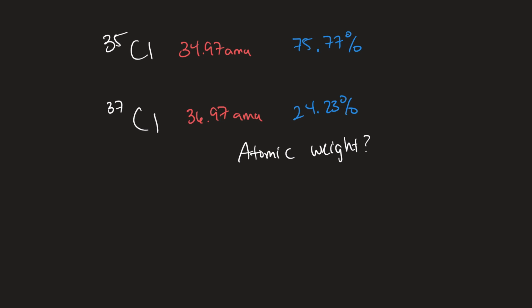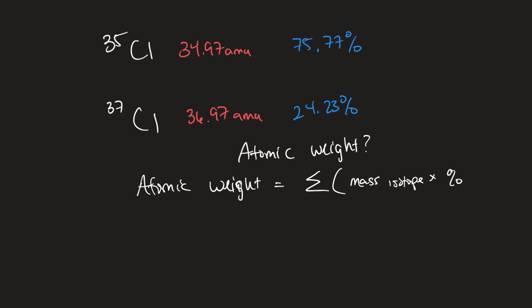So as I said earlier, the atomic weight is equal to the sum of the mass of your isotope multiplied by its percent abundance, and you want to do that with all the isotopes. So let's look at this situation with chlorine.